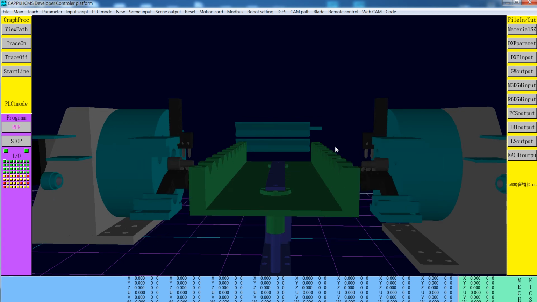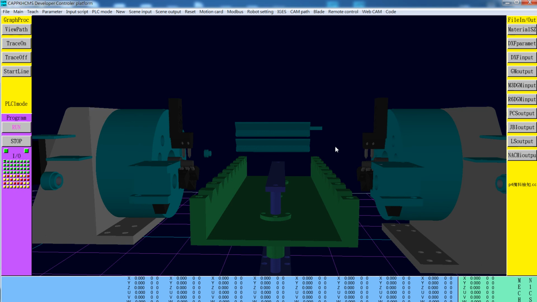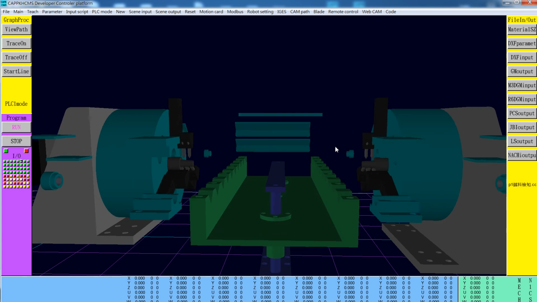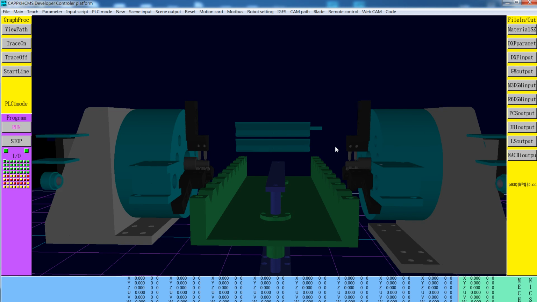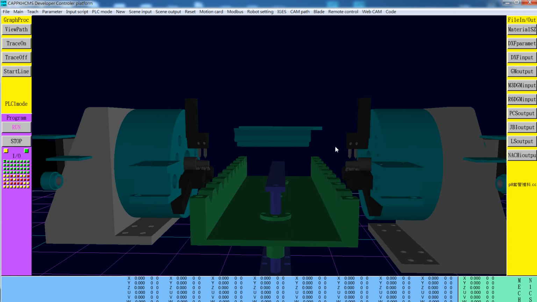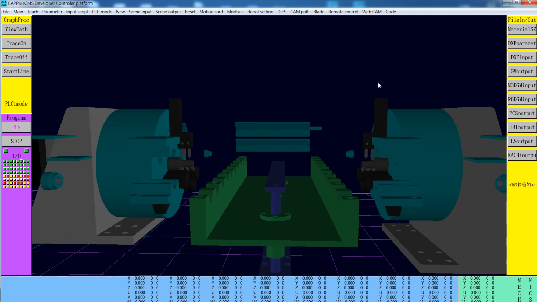Okay, this is a publish of the real pure PLC driven automatic machines. Ending.